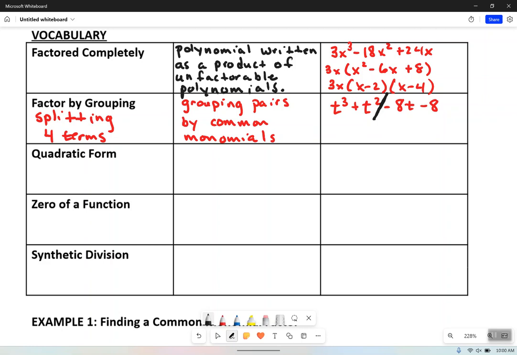Guys, quadratic form I'm not going to get too involved with here, but the definition for quadratic form would be something like this. It takes on the form au squared plus bu plus c is equal to 0. Another example would be like this.